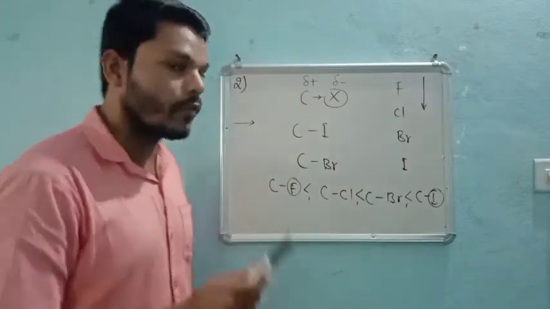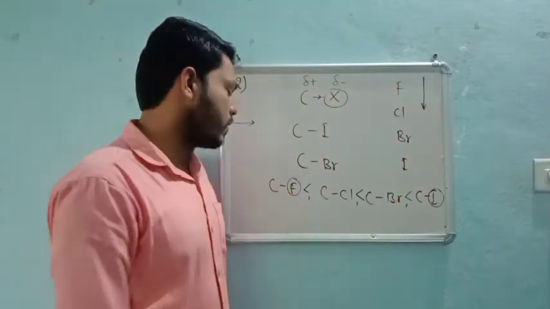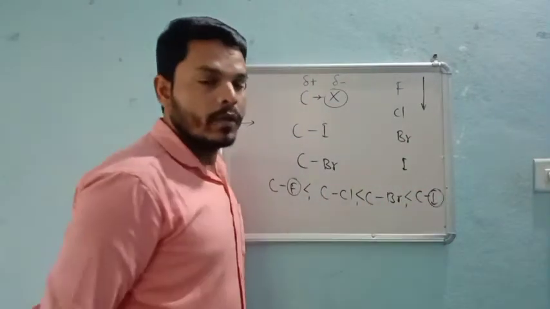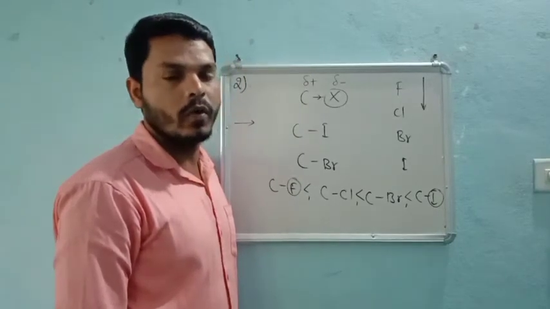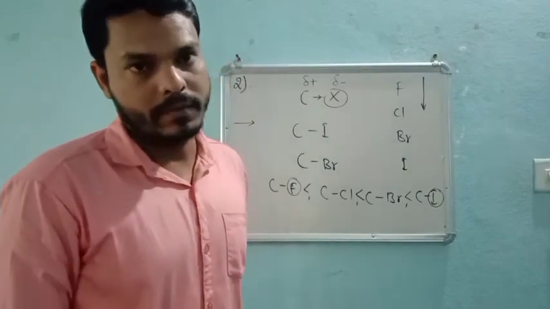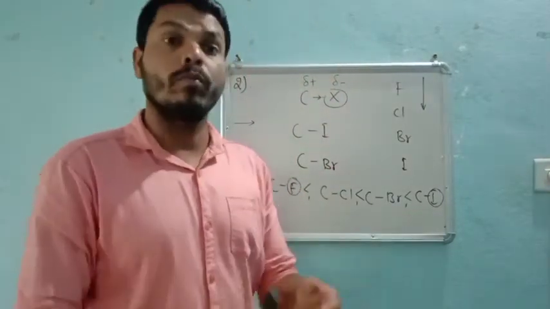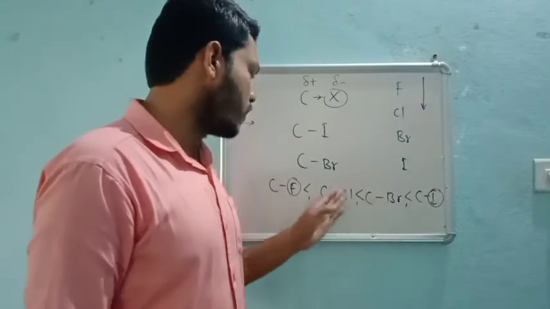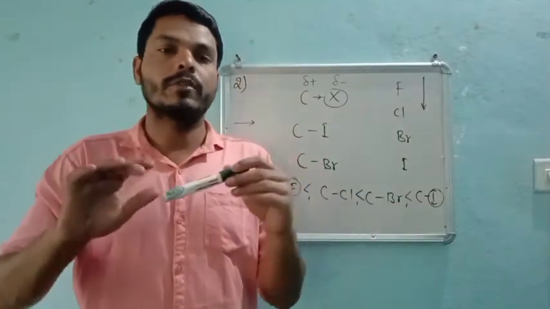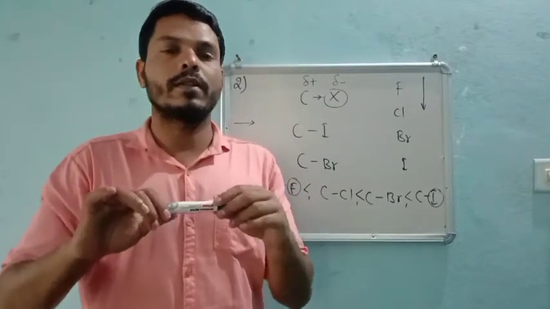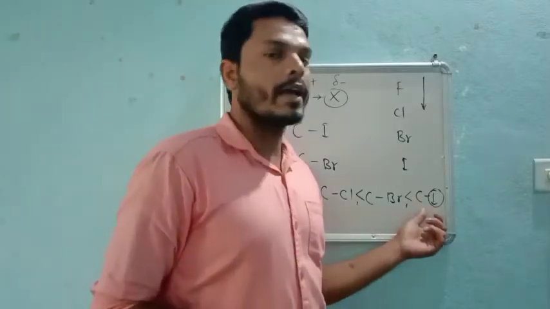So if I ask you, among all these, from fluorine to iodine, which alkyl halide can very easily undergo breaking, then your answer should be this one. Why? Because iodine has more size compared to bromine, chlorine and fluorine. So the bond length is also very big. If the bond length is more, then definitely we can very easily remove the bond between iodine and the carbon.